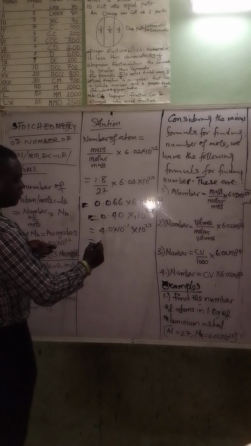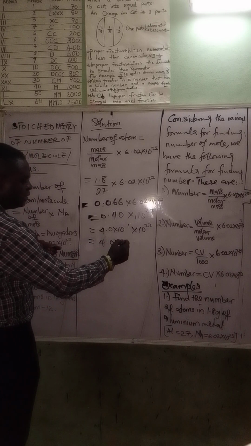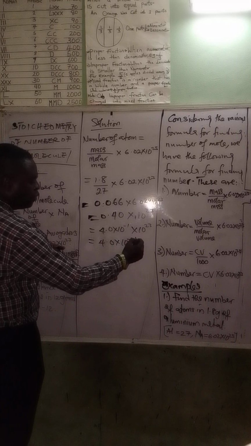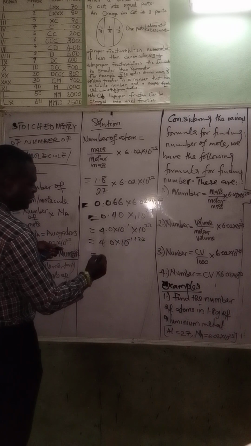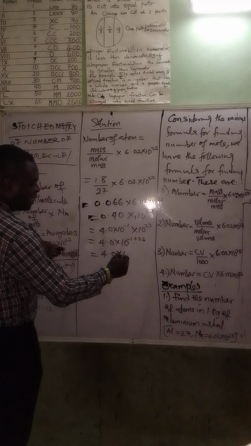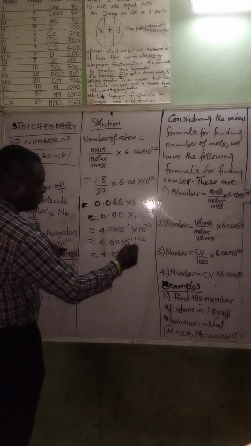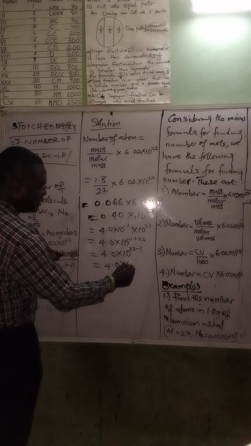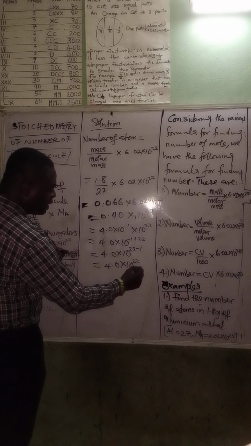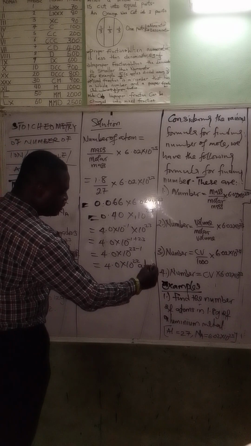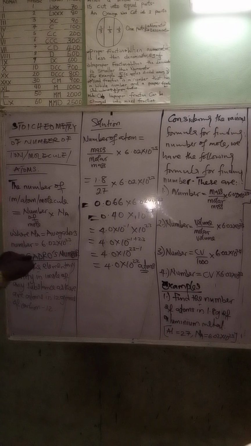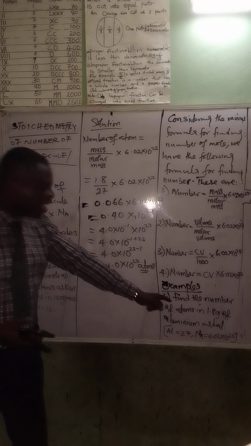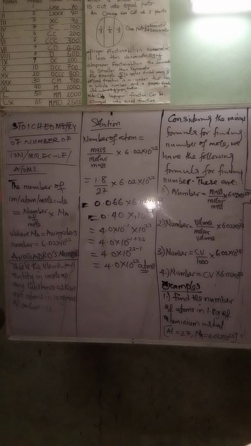That gives us 4.0 times 10 to the power 23 minus 1, which is 4.0 times 10 to the power 22 atoms. Whatever they ask you to find is the unit. Find the number of atoms, and if they say find the number of ions, that's what we are getting there.